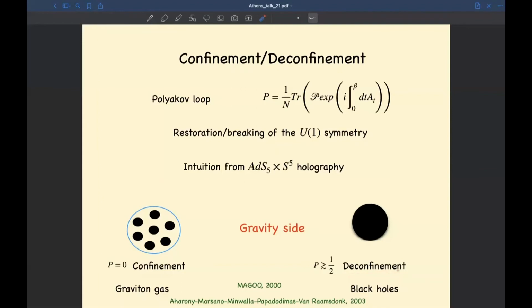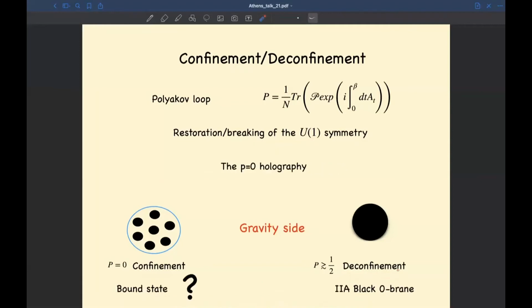Now, having built some intuition from this picture, we can try to understand the same problem for p equals 0. And for p equals 0, it is very well believed that the deconfined phase corresponds to a black 0 brane of type 2A supergravity.